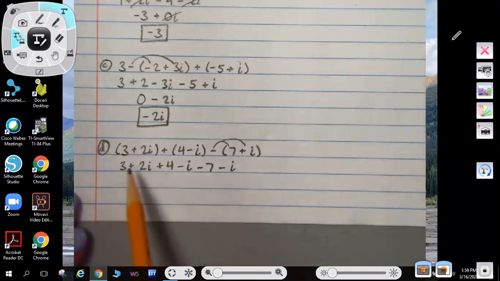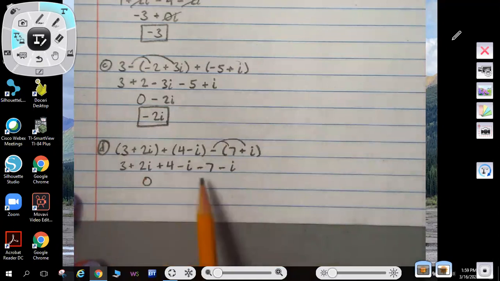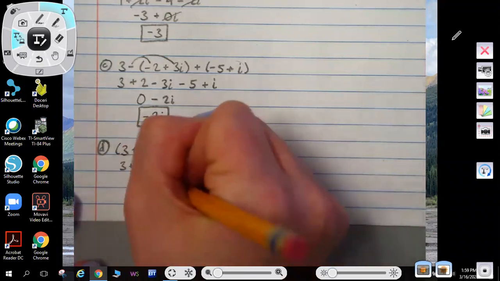Combine like terms. The real parts, we've got 3 plus 4, which is 7, minus 7, which is 0. The imaginary parts, we've got 2i minus i, which is just i, and then minus another i gives us 0i.